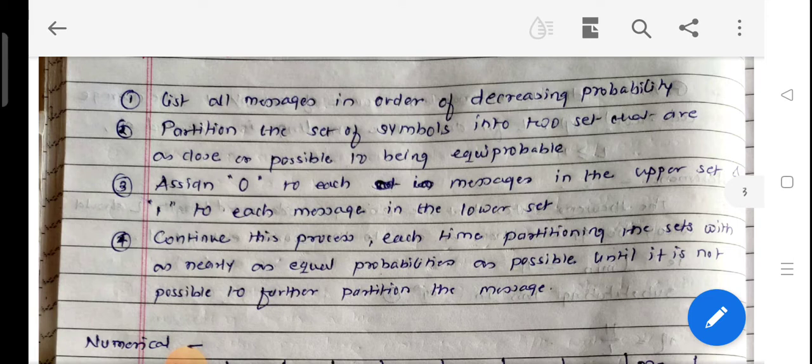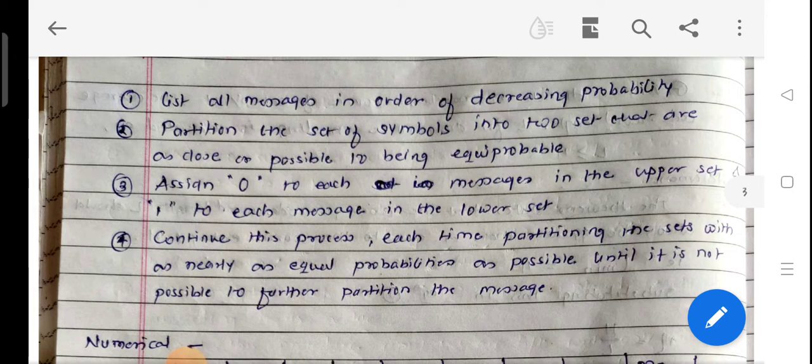The second step in this Shannon-Fano code method is to partition the set of symbols into two sets that are as close to being equiprobable as possible. That means we have to partition the given messages into two sets which have the same or nearly equal probability.